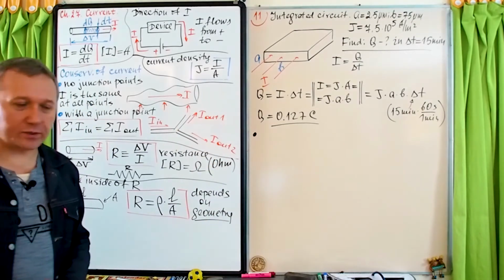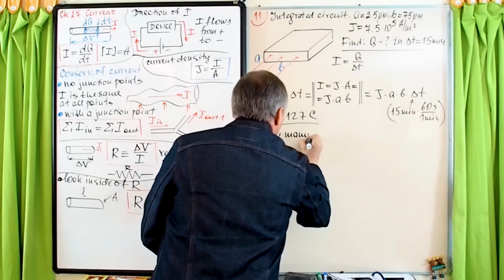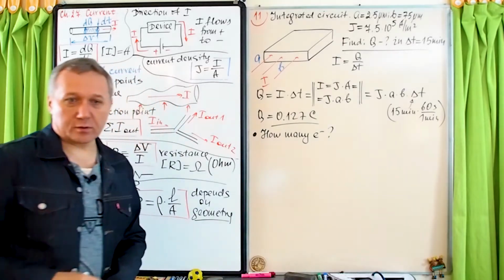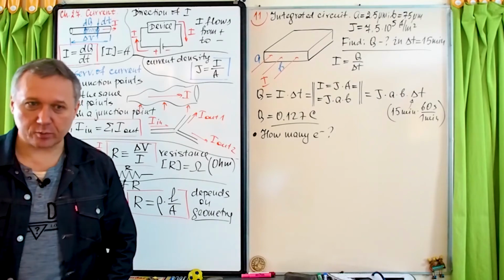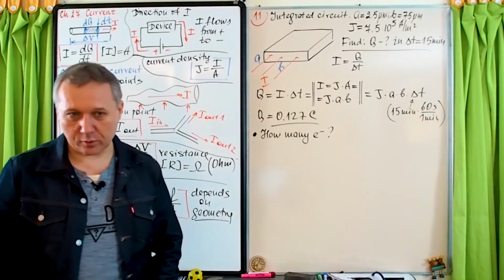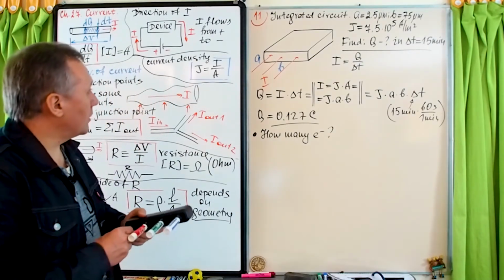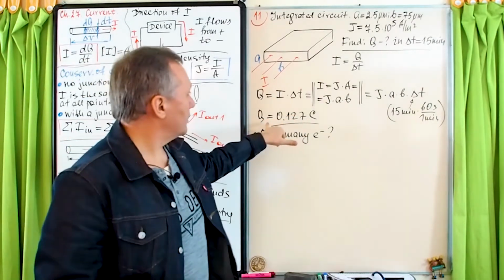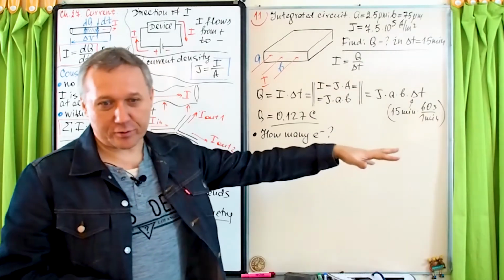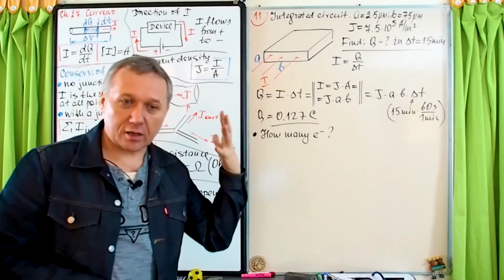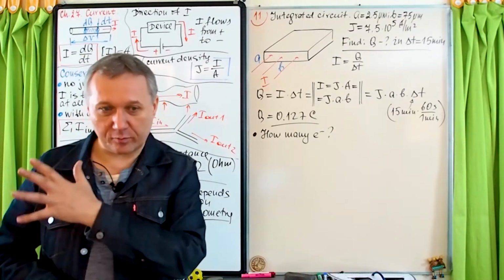So now that's the problem. I added one additional question. We need to answer how many electrons cross this structure in this period of time, because there will be a similar question about electrons in your homework. So I decided to add this. This part is quite simple, because this charge is basically a flow of electrons, a gazillion number of electrons, and each electron carries a charge which we know, 1.6 times 10 to the power of minus 19 coulombs.